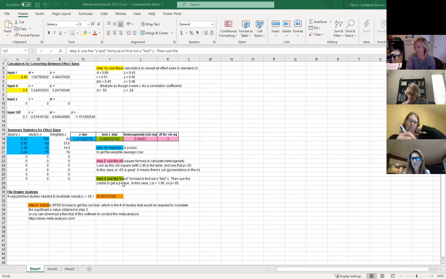Okay. Then you get to step 3 and you use the z-test. And what's that doing? That's combining the findings of all the studies and coming up with, does this intervention work? Are there differences between these two groups when I combine all 4 studies? And your P is less than 0.05. So how are you going to interpret that?